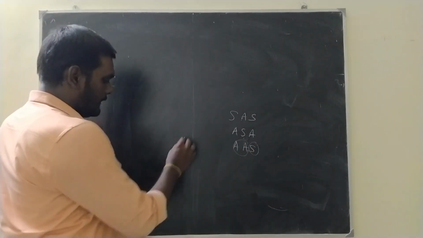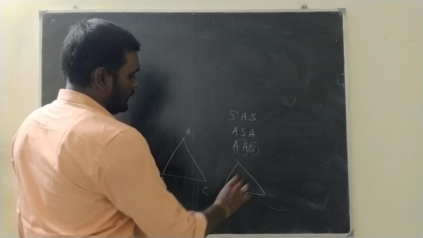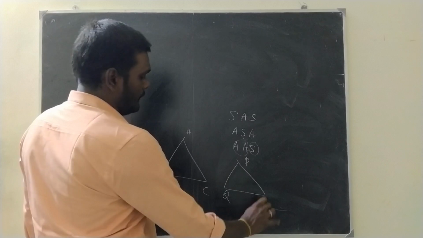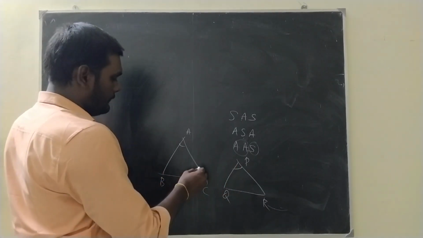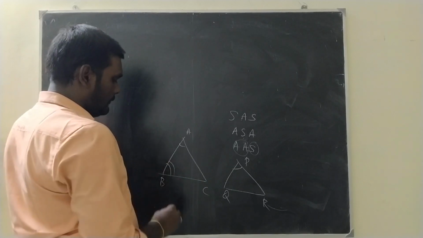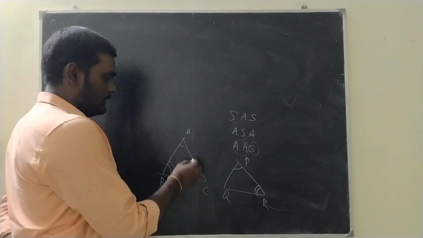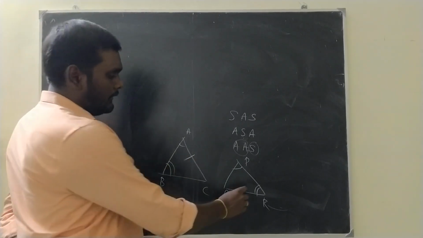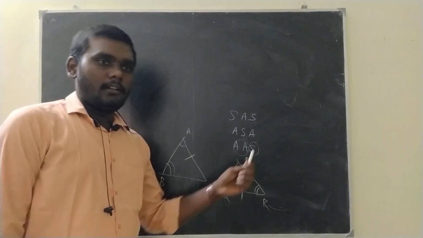Suppose in this kind of case we have triangle ABC and triangle PQR, a universal example. Angle A is equal to angle P and angle B is equal to angle R. Suppose we have side AB equal to QR. Is AAS congruency possible or not?